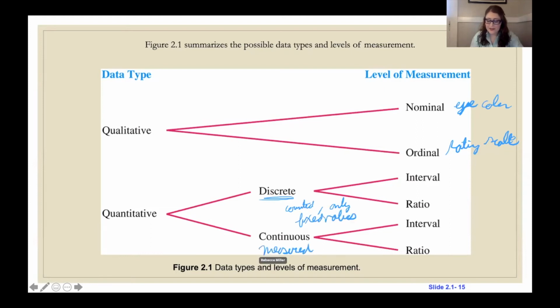So let's start with continuous. For continuous data, if it's measured, we could take interval data, would be temperature, right? We can measure temperature. And ratio would be height, right? That's something we measure. For discrete data that we're counting that doesn't have a 0 point, we can go with shoe size.